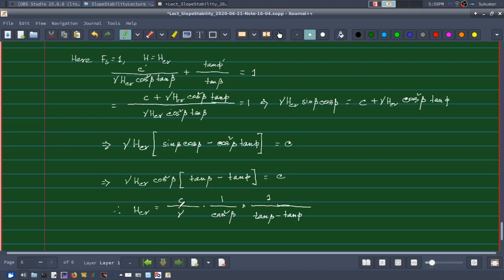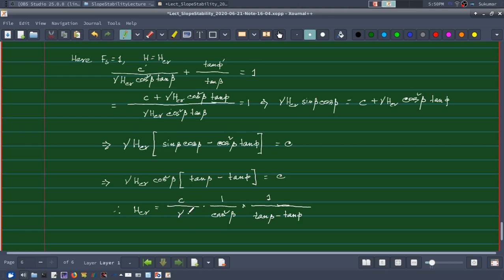That number is sometimes very useful, particularly for finite slopes. There is something called the Taylor stability number. That idea comes from this formulation.